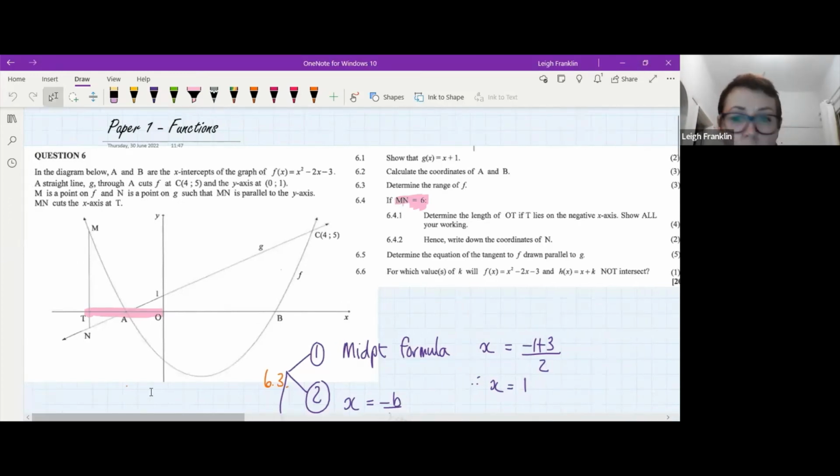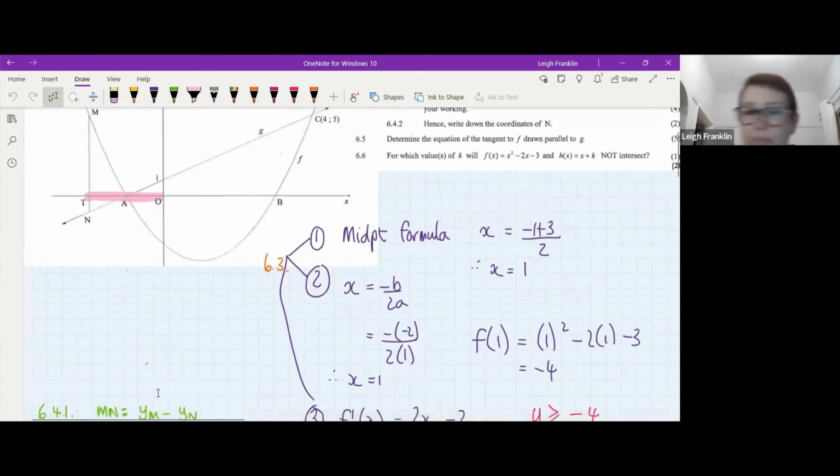Remember last week, let's just get it down. Remember I was showing you that little picture that I like to draw: gradient, x and y. All right, bearing in mind there is more than one way that we can do this particular question, but this is what I would do in this case.